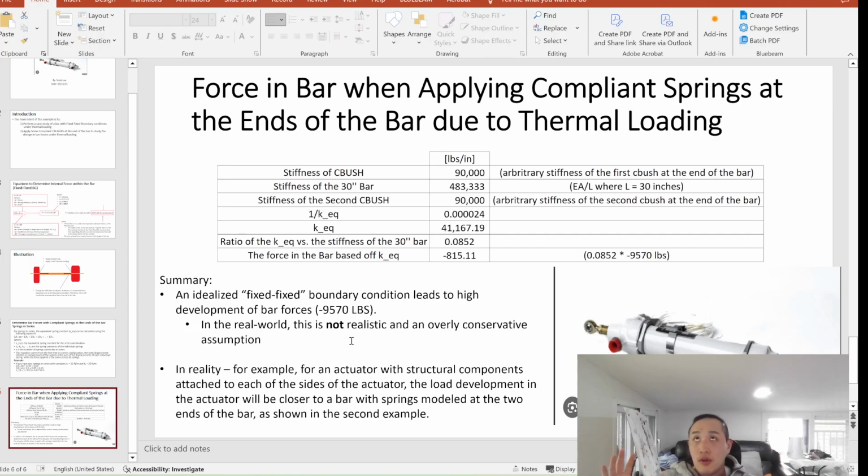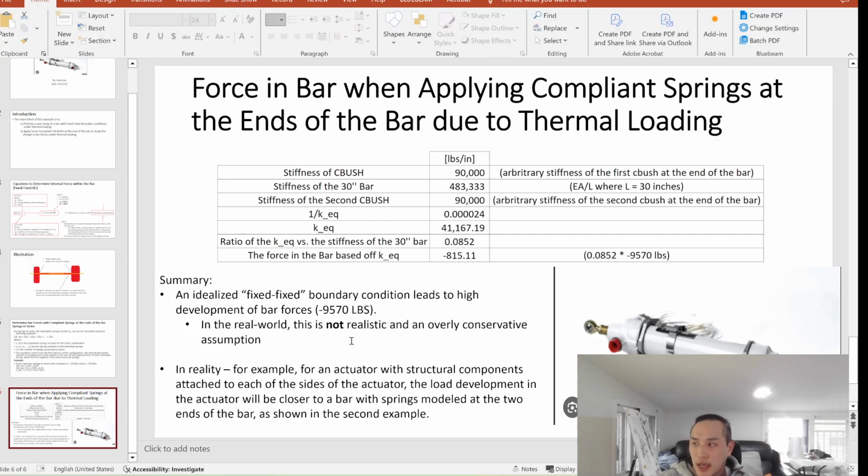It does give you a rough idea. A very quick calculation will give you a rough idea of where you stand in terms of internal forces within the bar. But when you start adding the compliant stiffnesses, it's going to reduce by possibly an order of magnitude, as you can see here. But it'll give you a first order answer if you were curious.